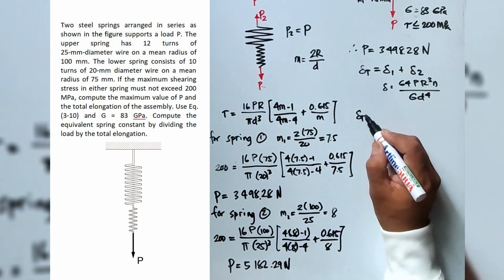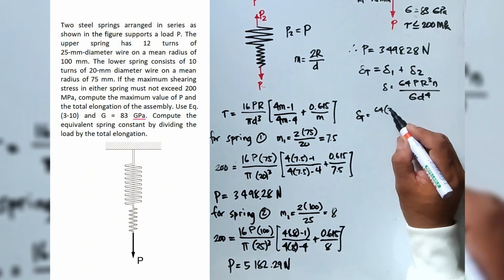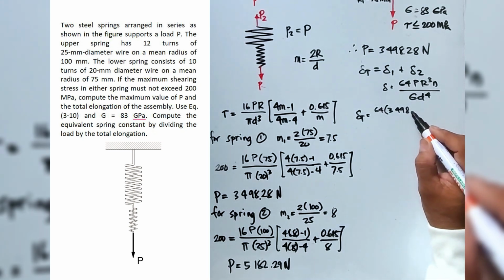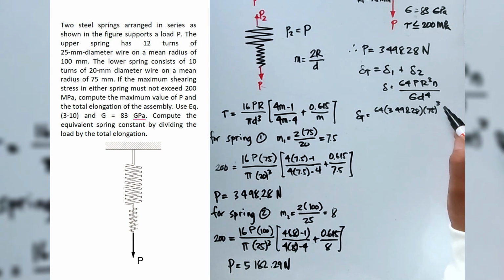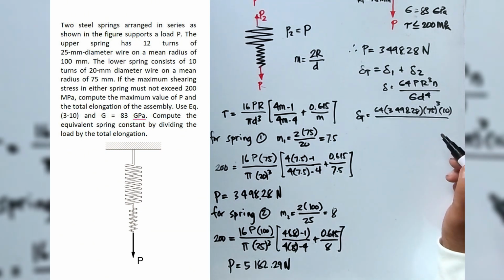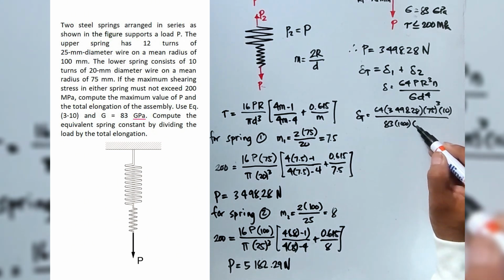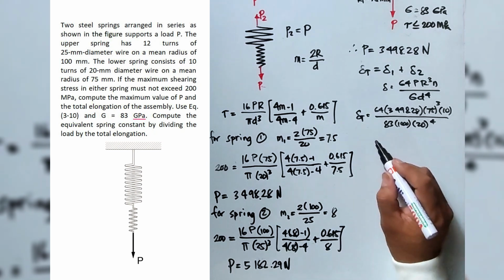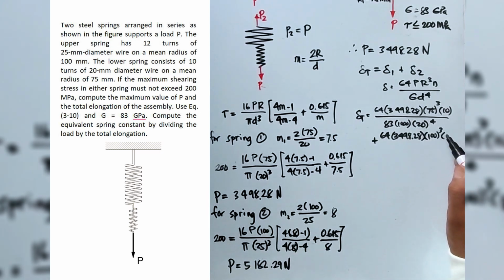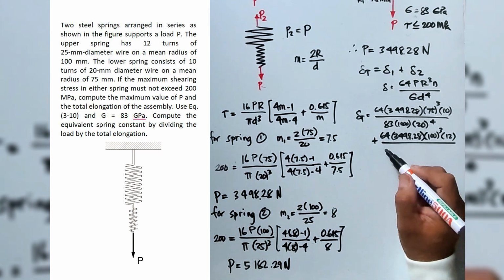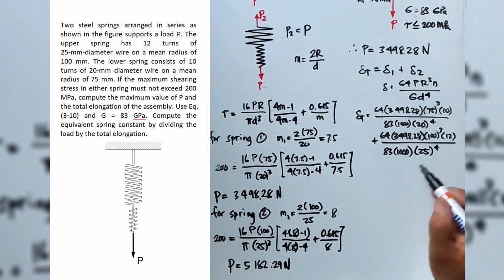So total deformation for spring 1 is 64 times P, we will use the maximum 3,498.28, times mean radius for the first spring 75 cube, number of turns 10, divided by G, 83 gigapascal times 1000 to make it megapascal, divided by the diameter 20 to the fourth power, plus the second spring, the same P, mean radius 100 cube, number of turns 12, divided by G, 83 changed to megapascal, divided by diameter of 25 to the fourth power.